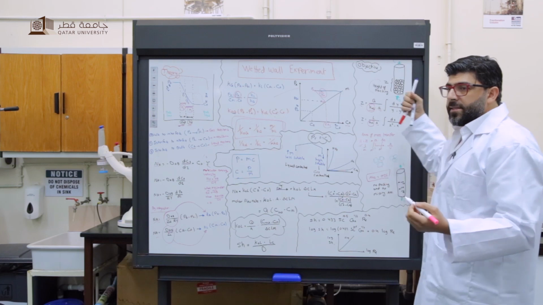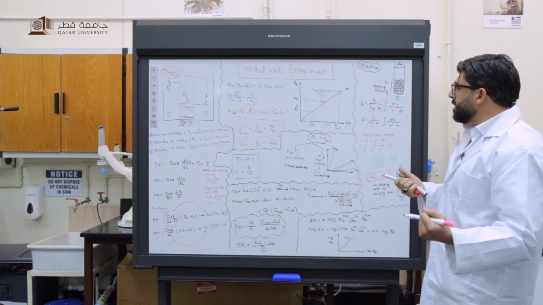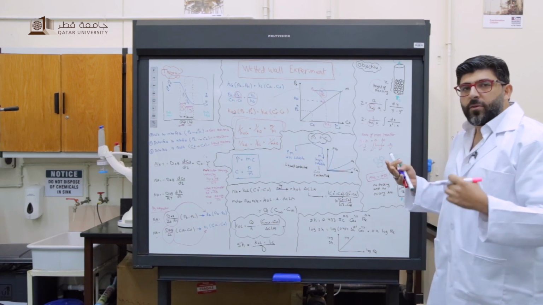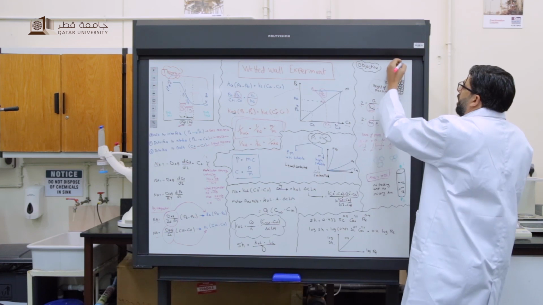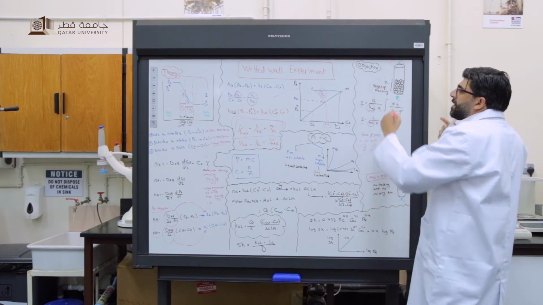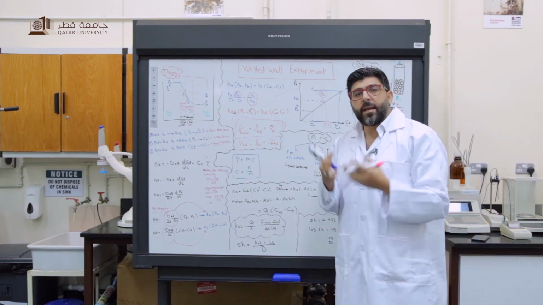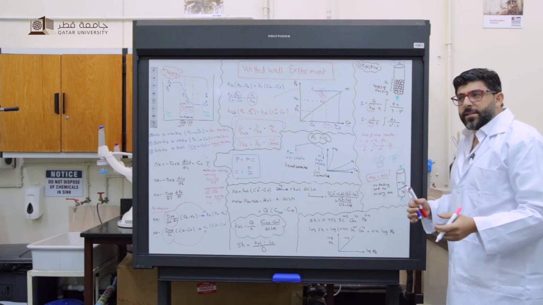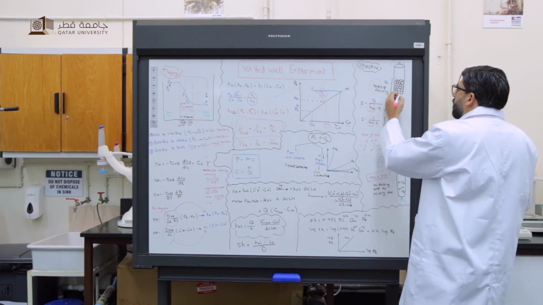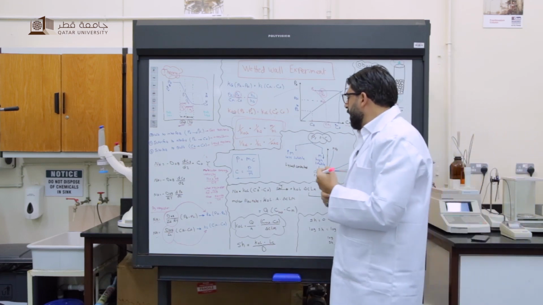If my system is liquid phase controlled, the best way to control the mass transfer through the system is by changing the liquid phase. But if my system is gas phase controlled, the best way is to change or control the gas phase.